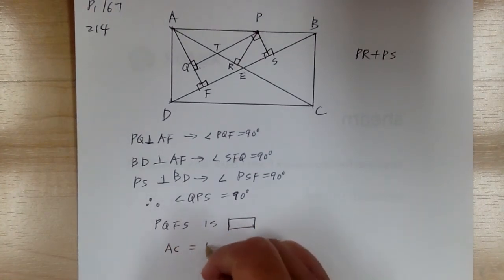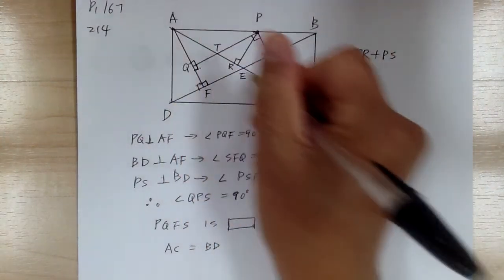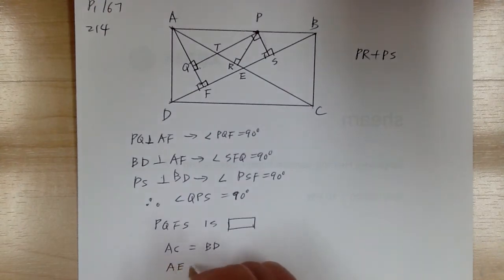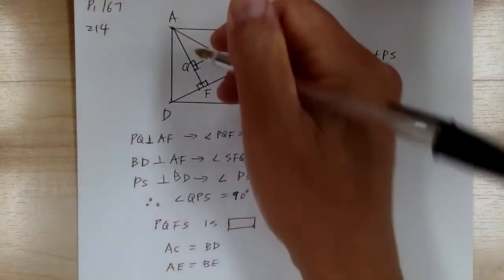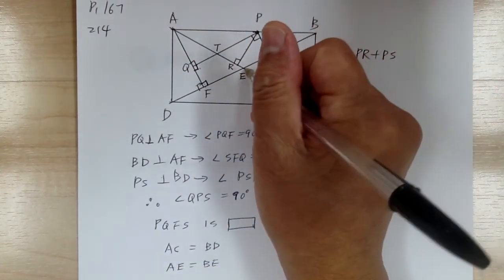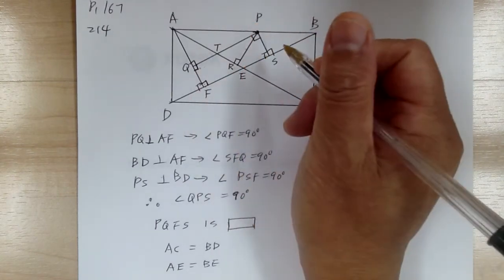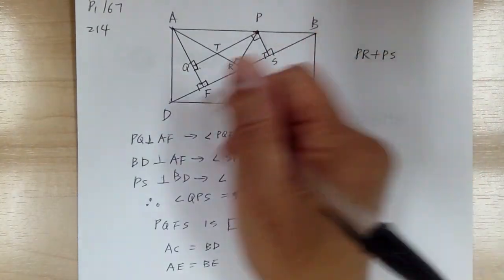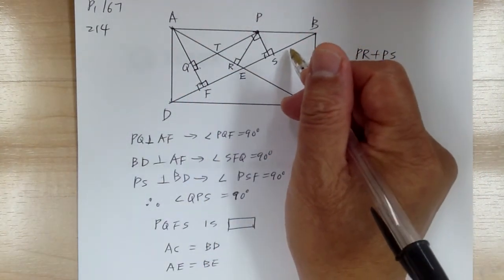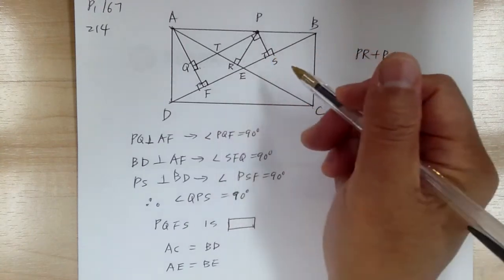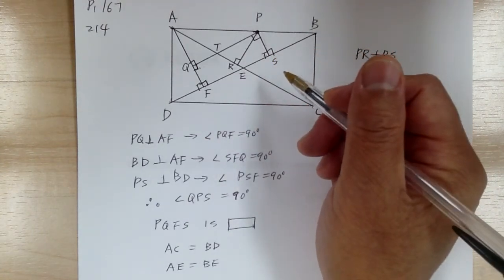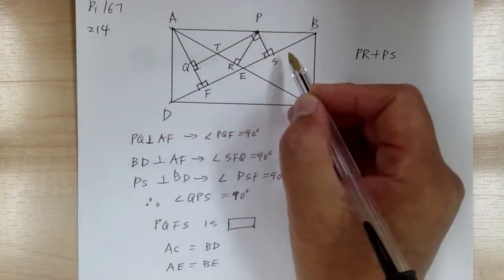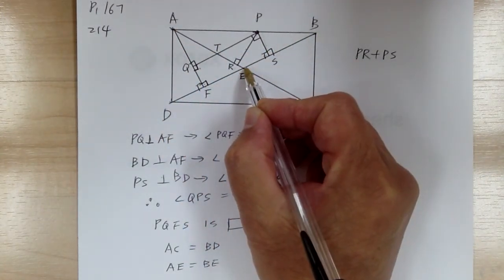Now once you have a rectangle, then AC equals BD because the diagonals are congruent, and then AE equals BE. So AE equals BE. Okay, because the diagonals of a rectangle bisect each other. And therefore ABE is isosceles.